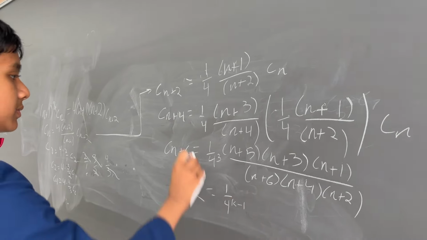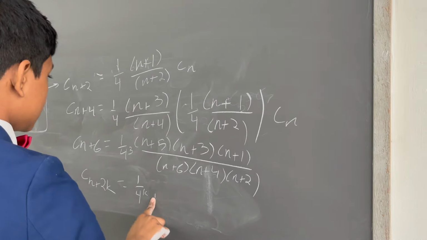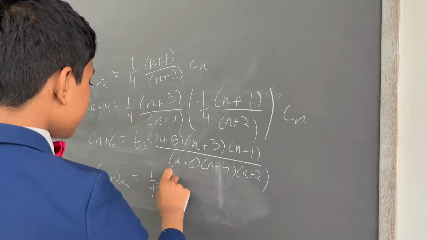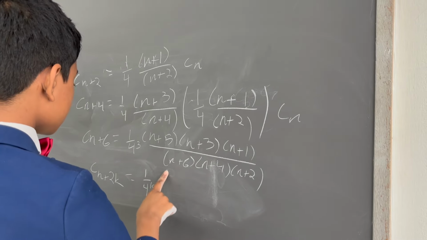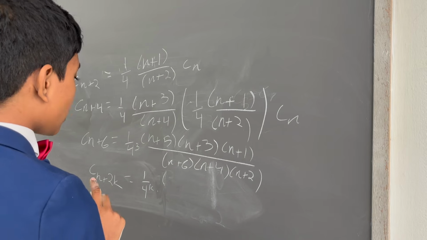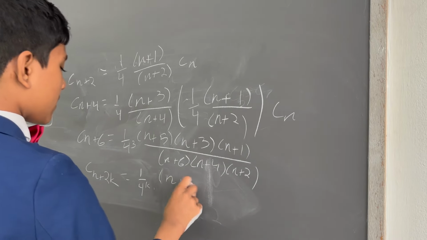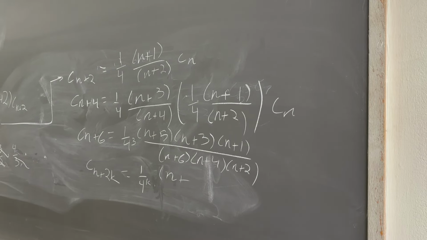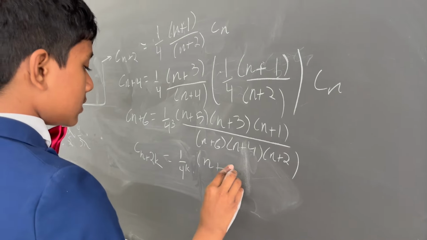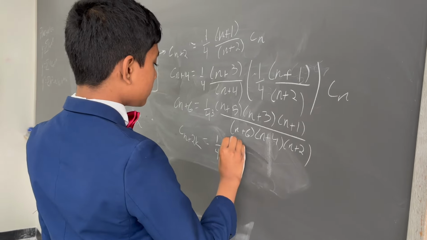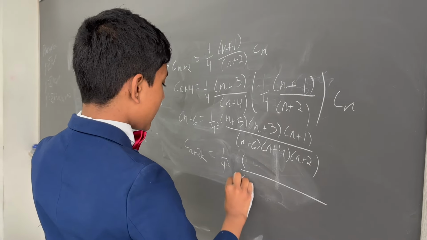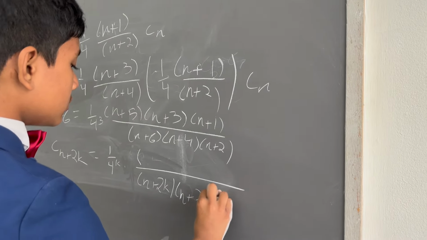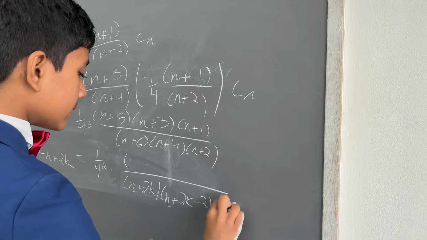Since k here is 2, we've just got k over here times this endless product that we have over here, which is n plus 2k, n plus 2k minus 2, dot dot dot, n plus 2.